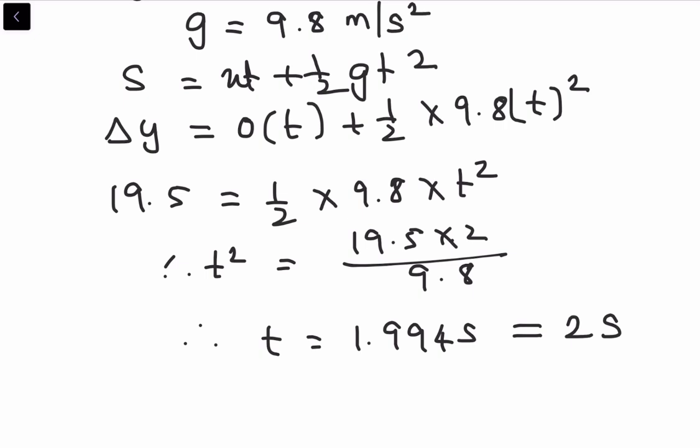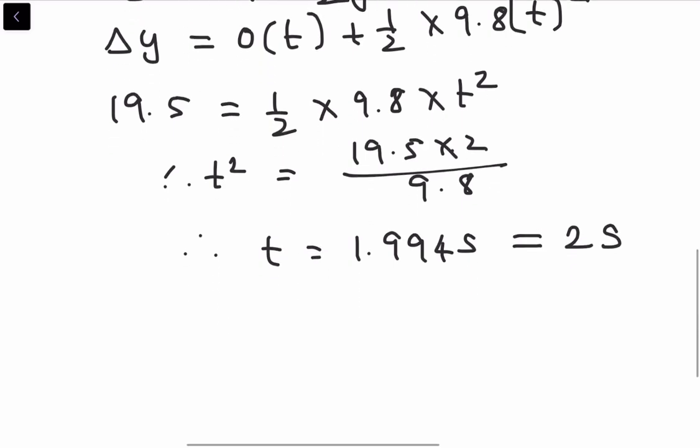So this is the time taken for the car to go from this side to that side. Therefore, let us find the speed now. In the horizontal direction, there is no change in the speed. It is going with a constant speed. Therefore, the speed along the horizontal direction, Vx, is equal to distance upon time.